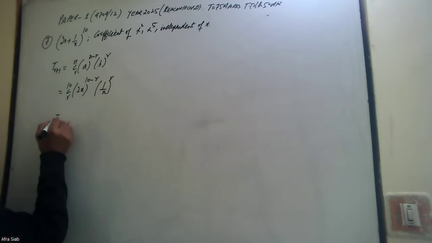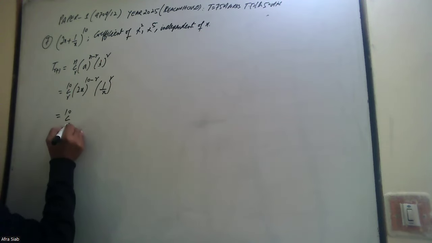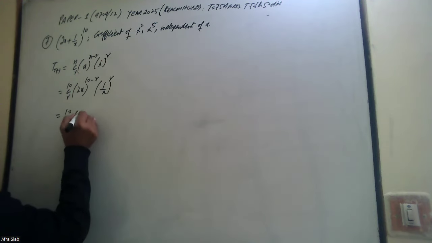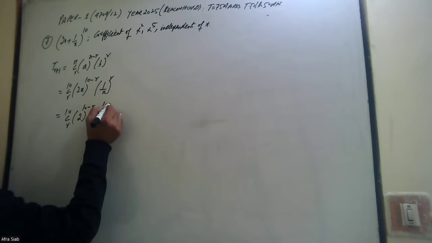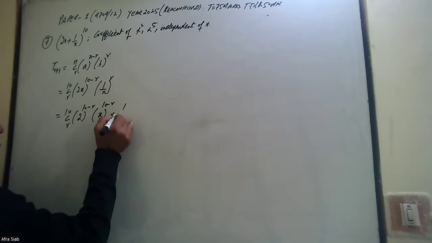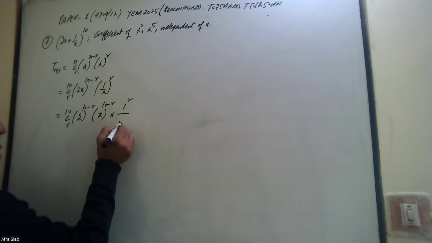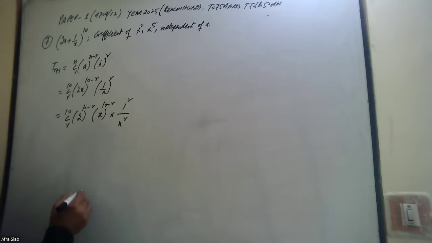So this can be written in the form of 10CR into 2 power 10 minus R x power 10 minus R into 1 power R over x power R there.